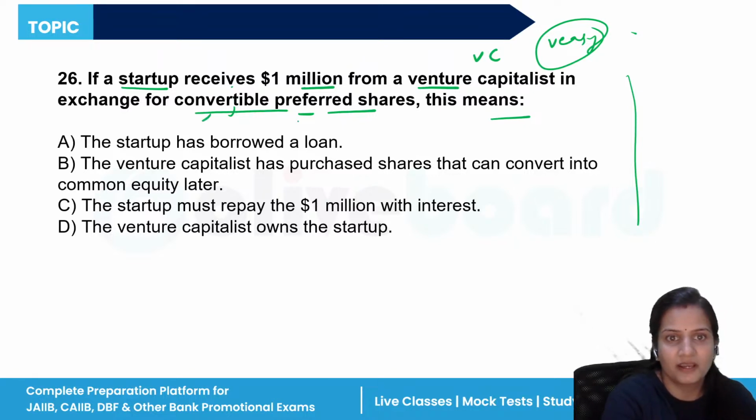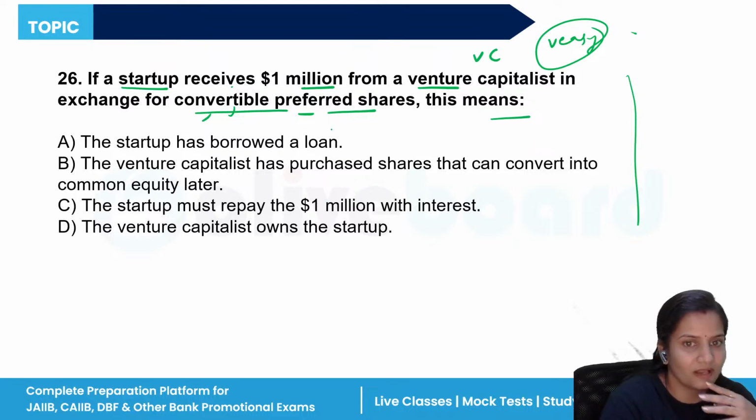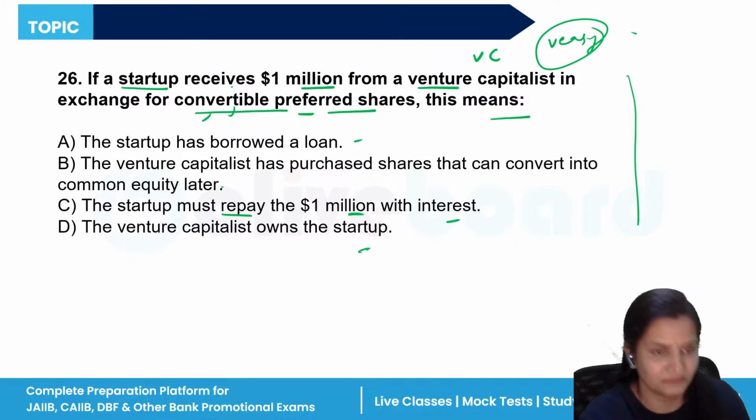So what does this mean? The options: the startup has borrowed a loan; the venture capitalist has purchased shares that can convert into common equity later; the startup may repay 1 million with interest; or the venture capitalist owns the startup.